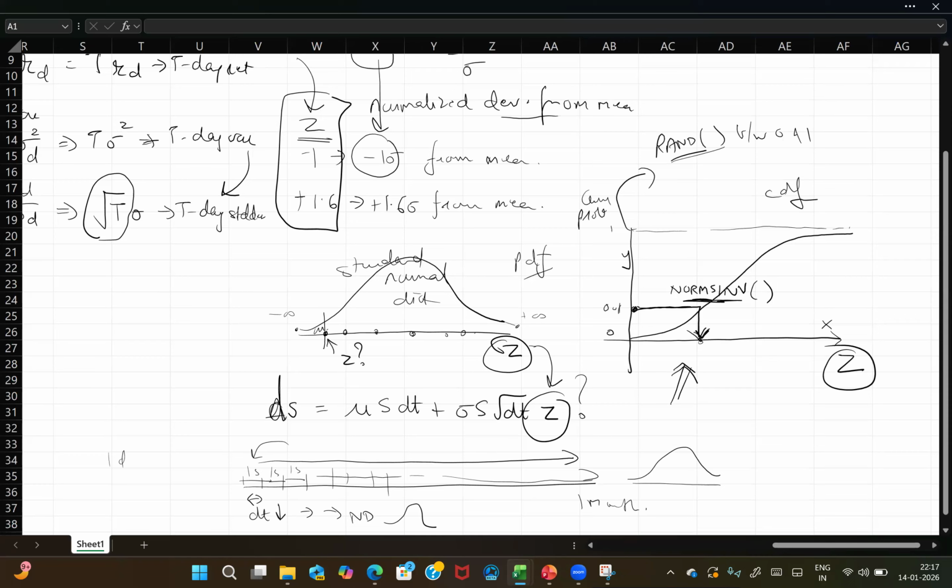But yes, if you take 1 day, can I say there will only be 22 trading days in a month? Versus if you take 1 second, can I say there would be lakhs of these values, probably even more than lakhs. And that would mean that you are safe in terms of assuming normal distribution. So the smaller the subdivision of your time period, the more you tend towards normal distribution.